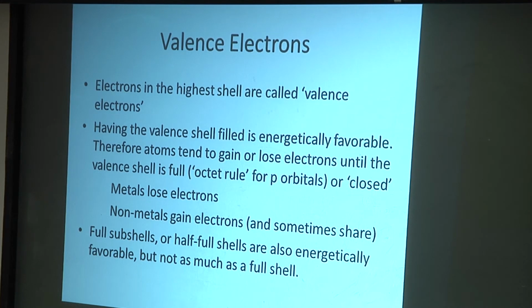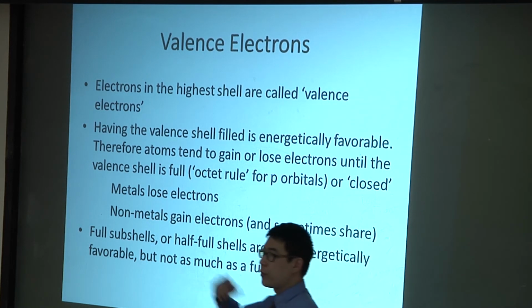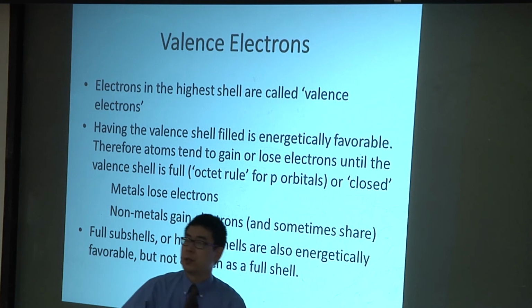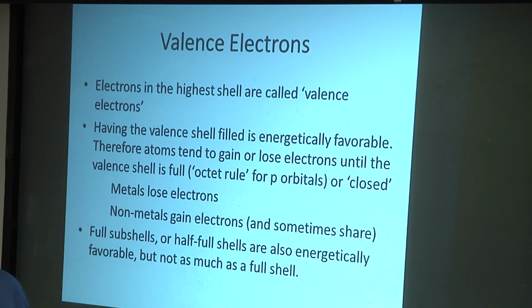So the highest shell, or the valence shell, those electrons are furthest away from the nucleus. And because they're furthest away from the nucleus, they're closest to the rest of the world. And because they're closest to the rest of the world, they do a lot of the interesting chemistry that has to do with interacting with other molecules and other atoms.